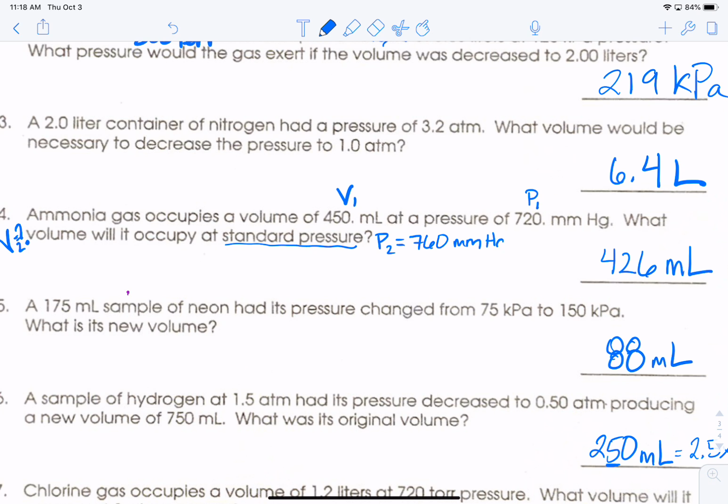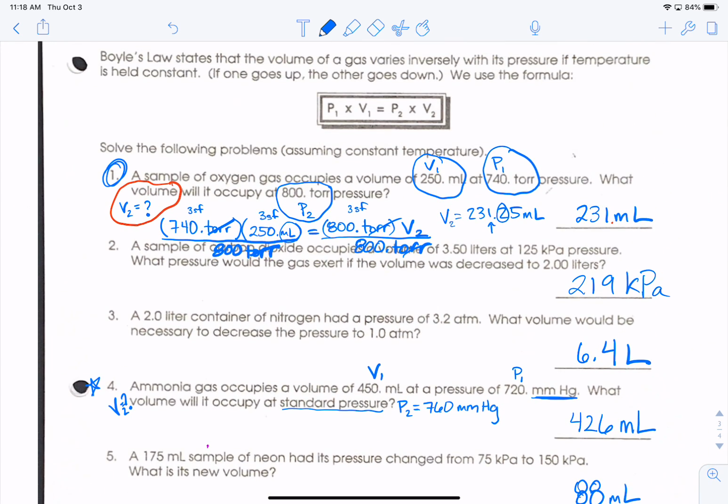Again, why did I choose the one that had millimeters mercury? It's because the other pressure was given in that unit. So now I want to remind you of the equation right up here. We're going to use Boyle's law equation, the relationship between those two, and we'll plug this in.